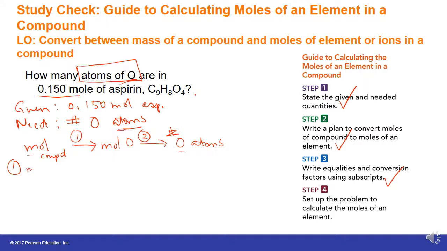We're going to use the molar ratio from the formula. And that ratio is 4 moles of oxygen for every 1 mole of aspirin.